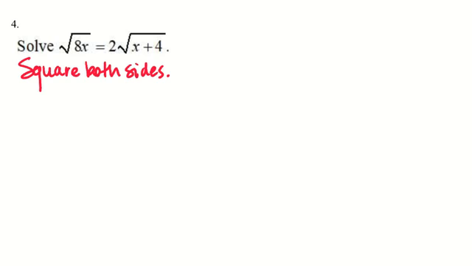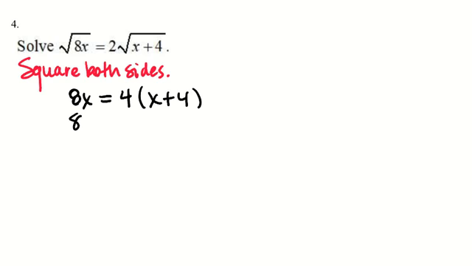And now remember that was, I guess, the second day in this unit. When you square both sides of an equation, you have to check the answers afterwards because you can get extraneous solutions. Right? So that's 8x is equal to, well, if I square 2 times the radical, I'll have 2 times 2, and the radical times the radical.